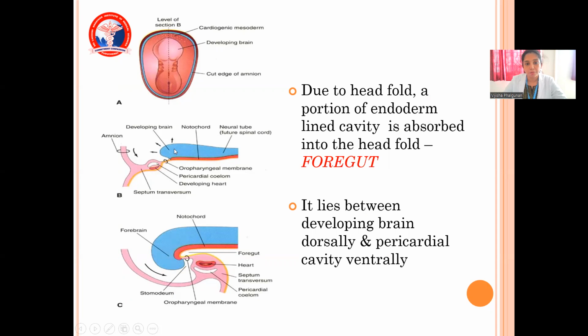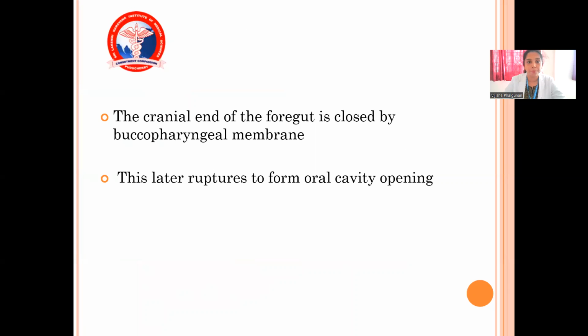See, there is a major difference between this diagram and this diagram. Here is the layout of the structures before the folding of the embryo. In this picture, all the structures are rearranged as a result of folding of head end of embryo.